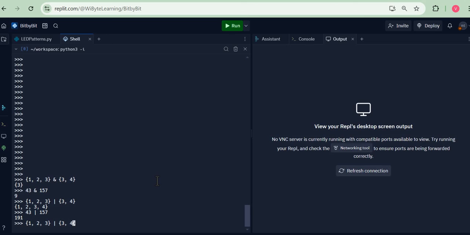If I did a symmetric difference between these two sets, I will get 1, 2, and 4, because remember, in this or in that but not in both. So 1, 2, and 4 is the right set for this. But I could do 43 and 157 with XOR, and that, as you have seen, gives us 182. So this is kind of like a correction which I thought is quite interesting to highlight. It helps us also understand things better.